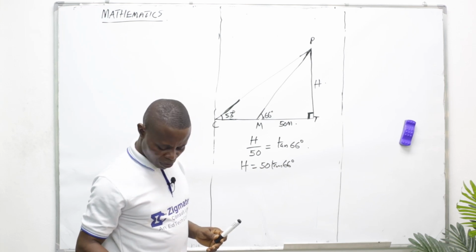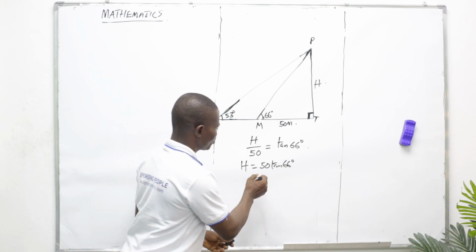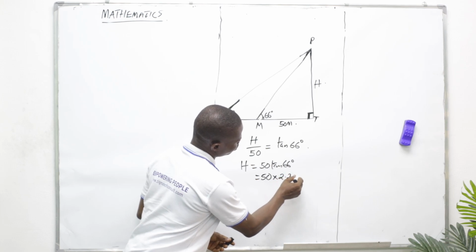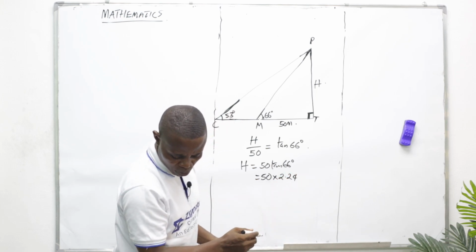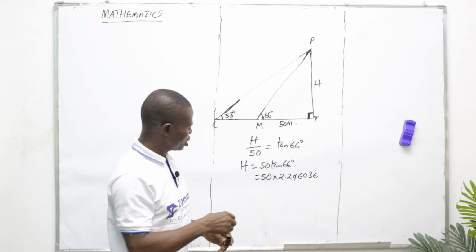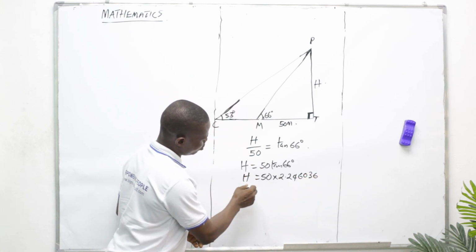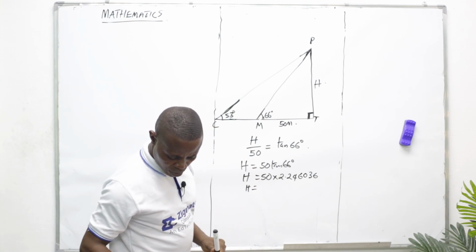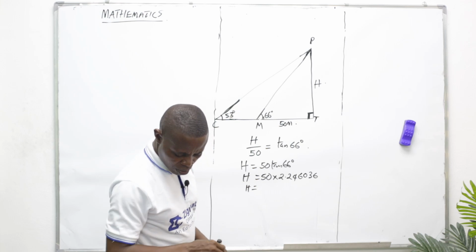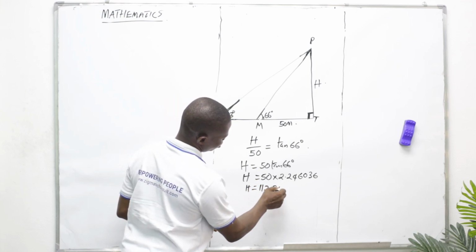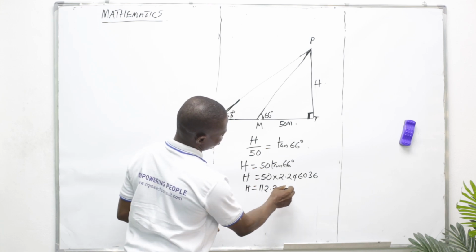Which will give us 2.246036. That is 50 multiplied by 2.246036. The height of this building equals 112.30 meters.